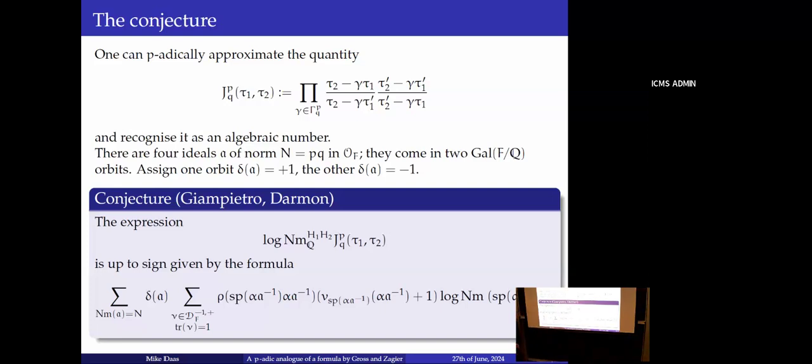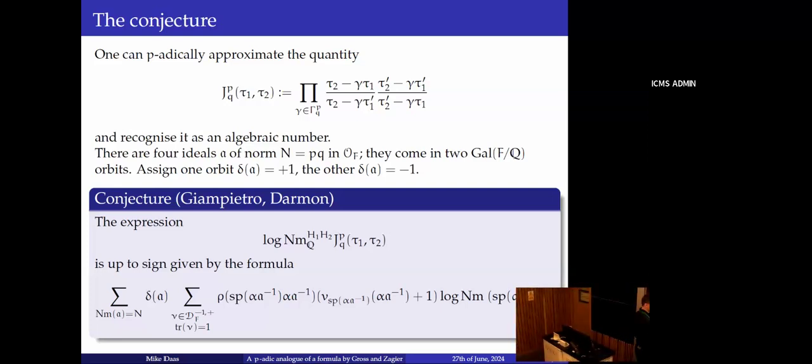But knowing the result by Gross and Zagier, it's not quite as scary as it looks, because this first sum only has 4 terms, and it's just some signs, which comes from the fact that now we have cross ratios. So you get some things in the numerator and some things in the denominator.